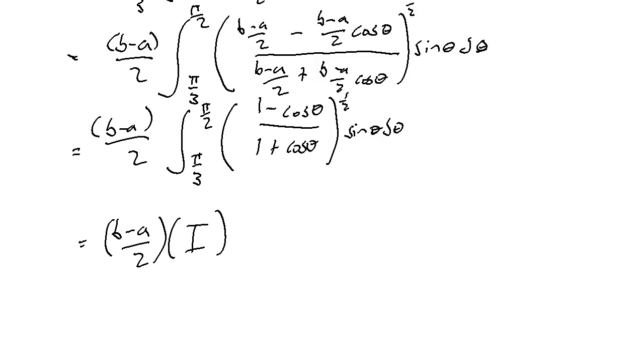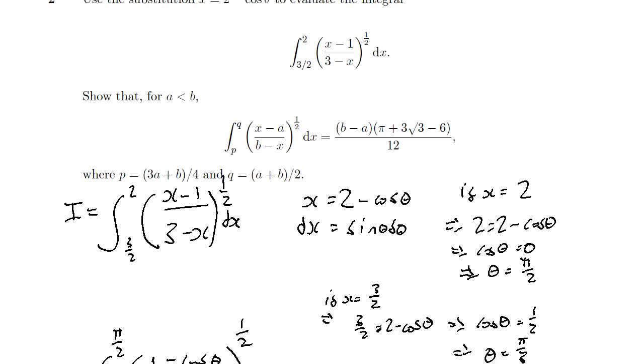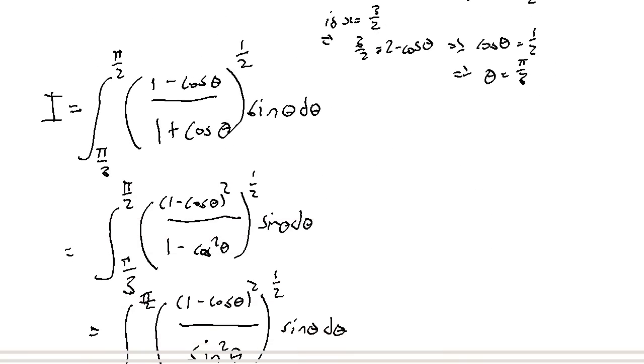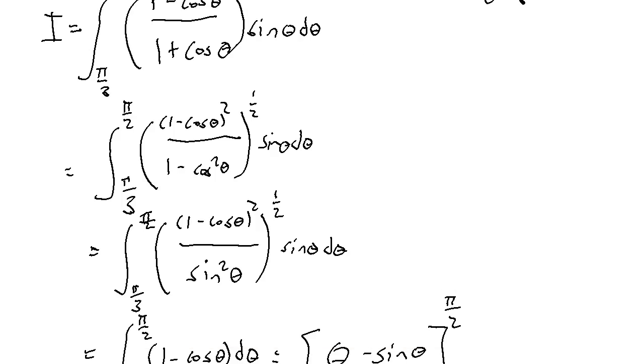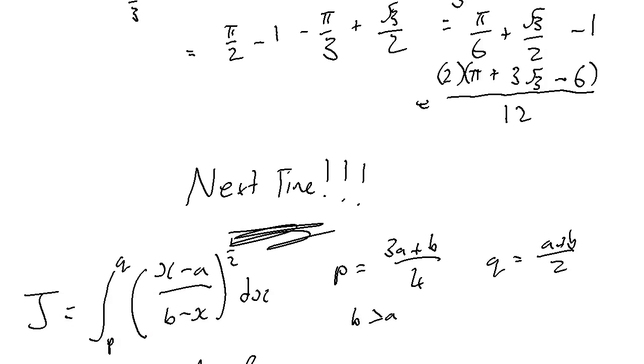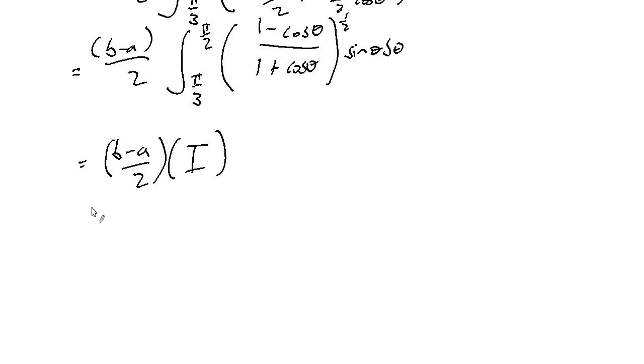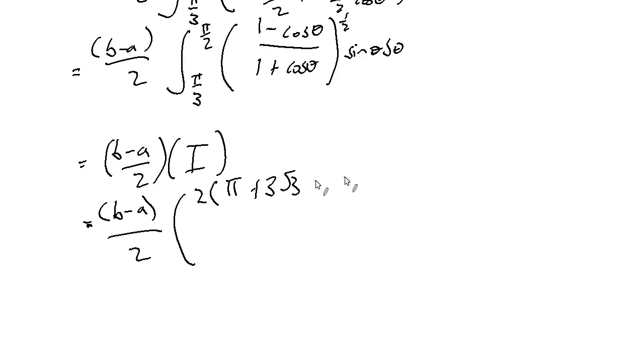For reference, I was what we called this thing here, which we proved went to this thing here, which is what we have now. We've already found an expression for that. It is this thing here. So we can shove it in. We can say this is equal to (b minus a) over 2 times (2 pi plus 3 root 3 minus 6).